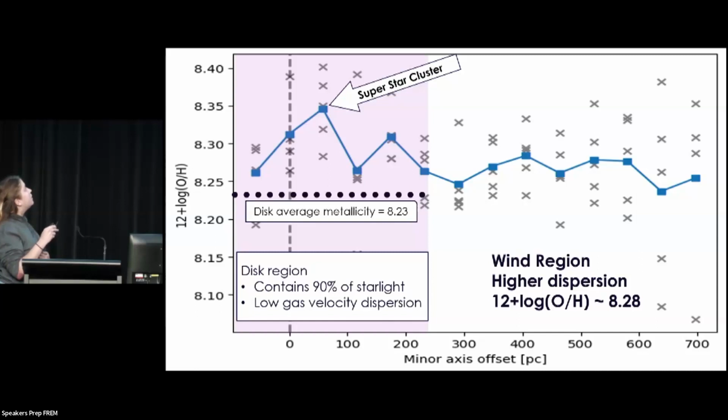And this peak here corresponds to the part where we observe the superstar cluster that has a little bit higher metallicity. So I calculated the average metallicity using both pointings that we have on the disk, and it gives this value. And for the outflow, we have this value here, which are roughly the same. The difference is within the error bars. So it's a flat metallicity profile, essentially.